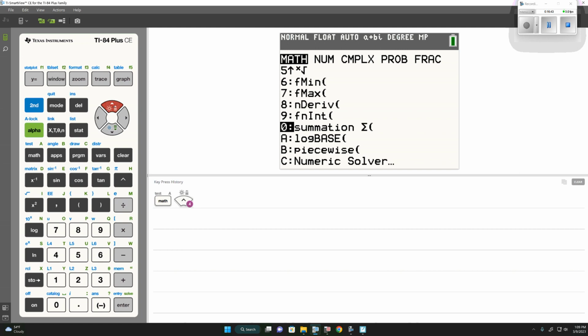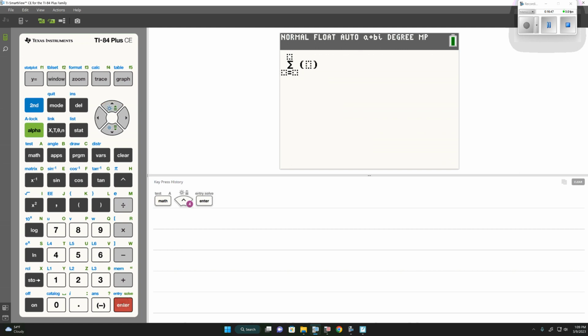Summation. So I can say x equals 1 to 5, and we had 8x, because whatever variable you put underneath is what you have to match up inside.